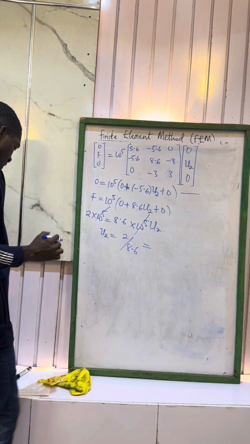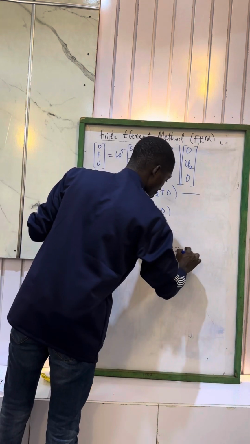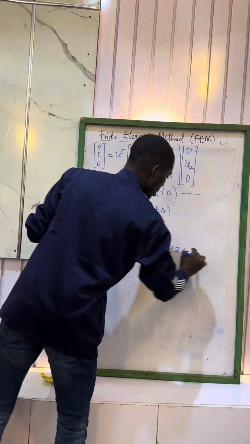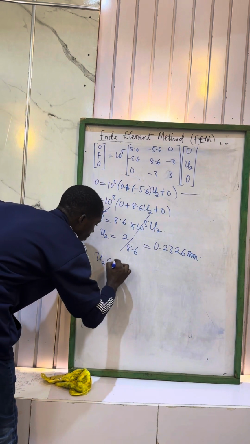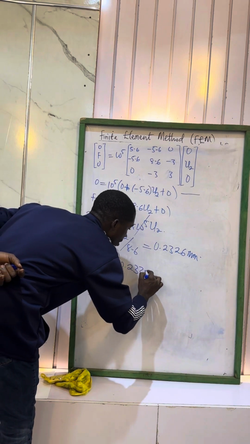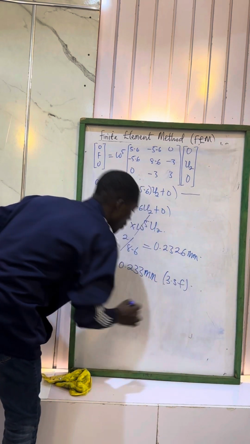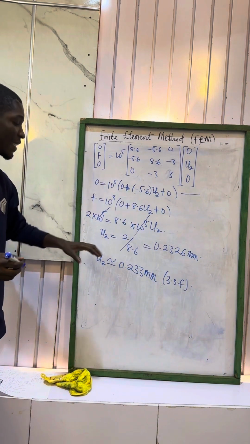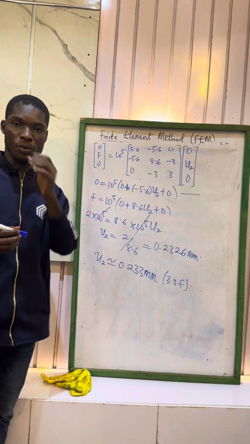Now if you solve this, you'll be having 0.2326 millimeter. So approximately our U2 equals 0.233 millimeter to 3 significant figures. So this is the nodal displacement at point O.